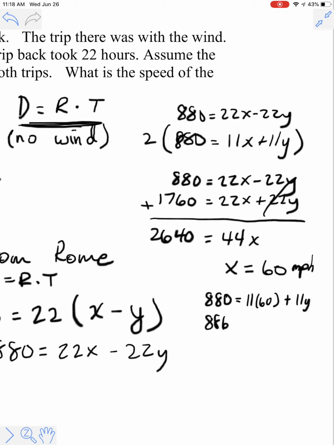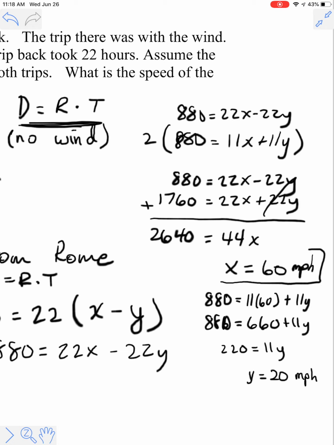So 880 minus 660, subtract, and I get 220 equals 11y. Divide both sides by 11, and I get 20 miles per hour. So the speed of the plane was 60 miles per hour. The speed of the wind was 20 miles per hour.